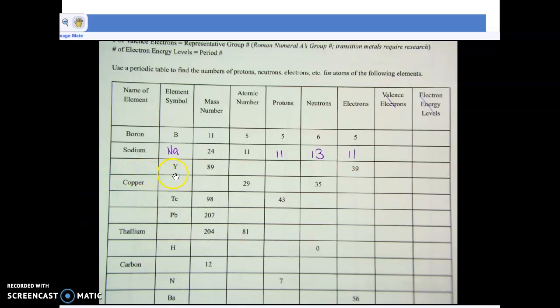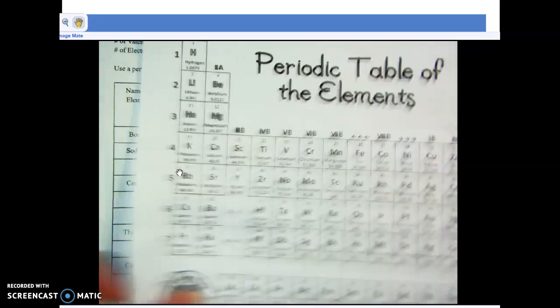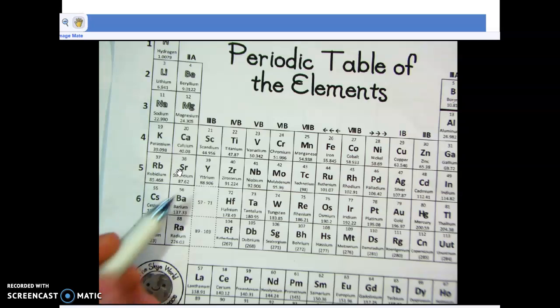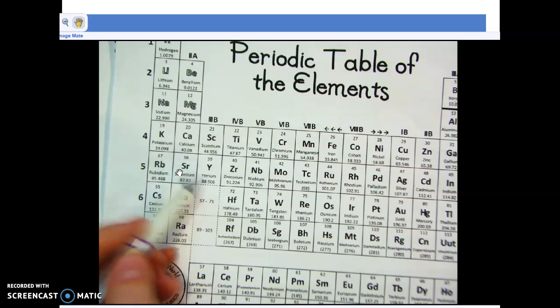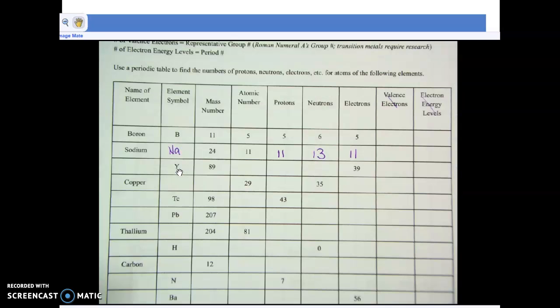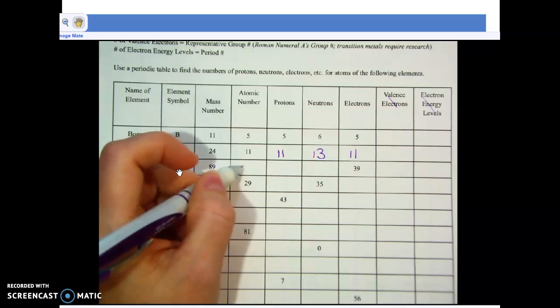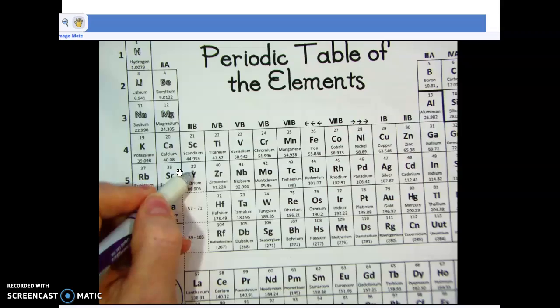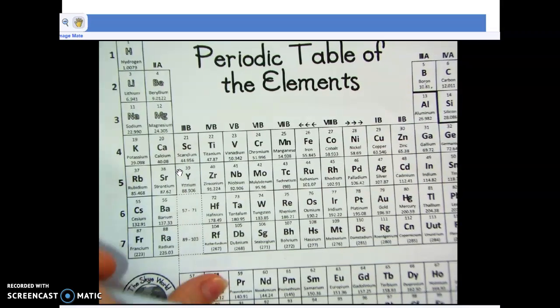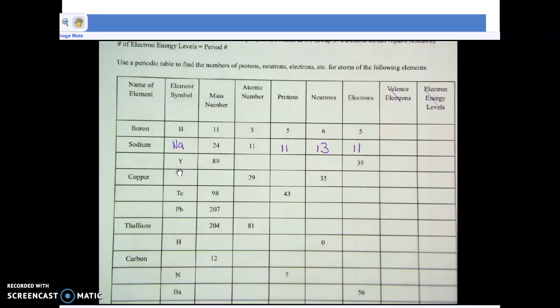If you have any questions, this one you're just going to find Y on the periodic table. I told you you're going to use the periodic table a lot. Y is here. And you're going to write that crazy name in there, yttrium, and then put that here. Then this one you're going to actually have to look for the atomic number on the sheet. Yttrium is 39. So that goes there.